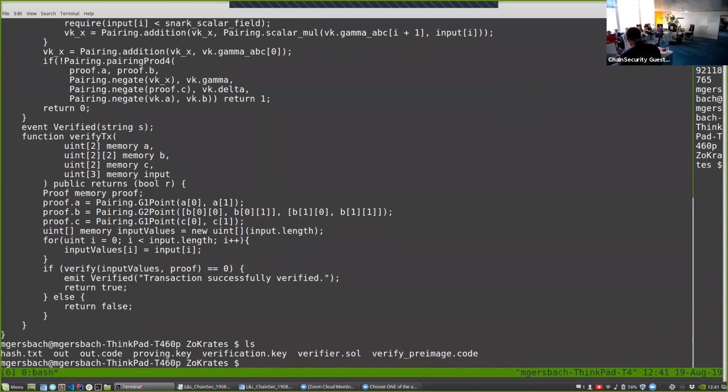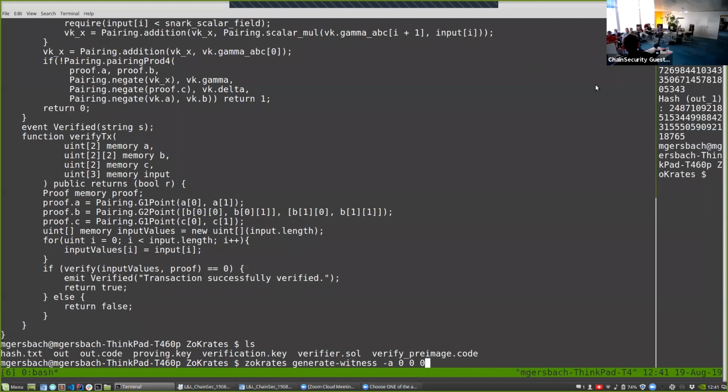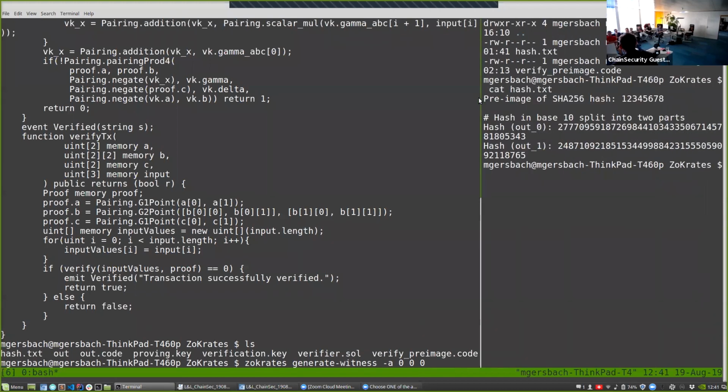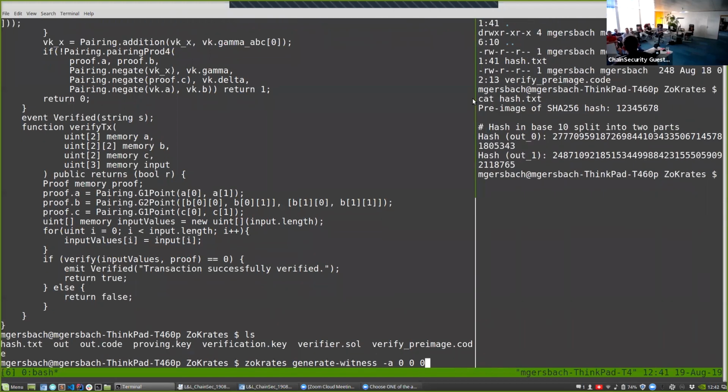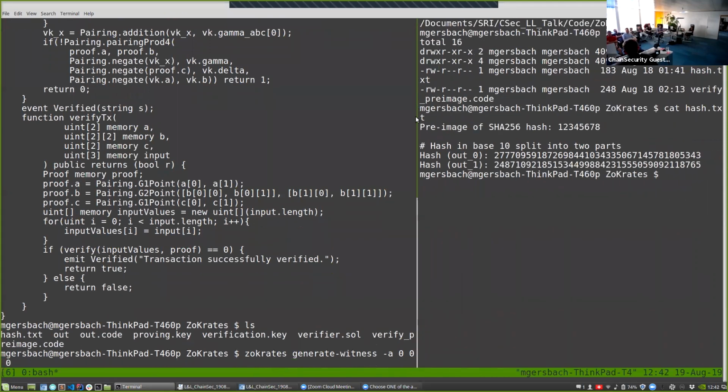proof. So now we can generate our witness. So the first three arguments here, I have obviously an example because I would not be able to come up with a pre-image of a given SHA-256 on the fly. So let me see, this will be a bit tough.